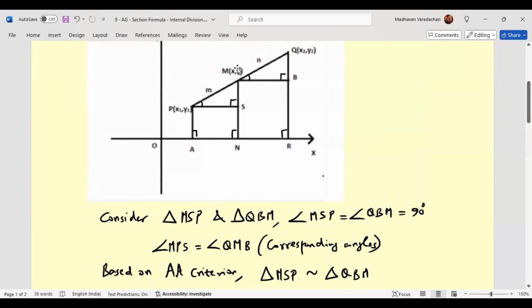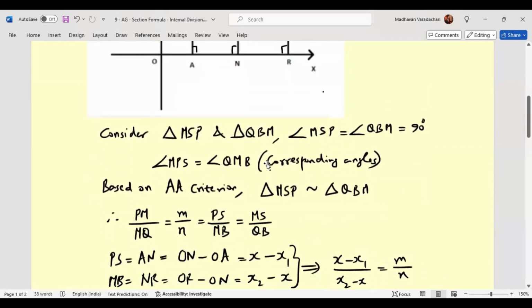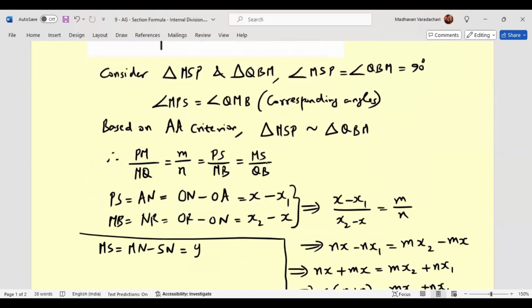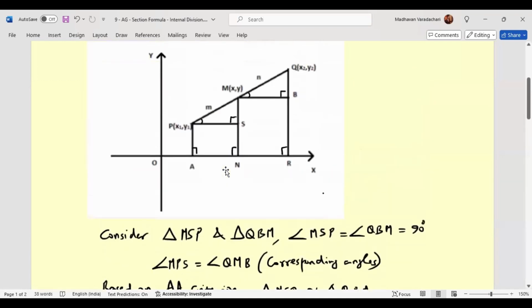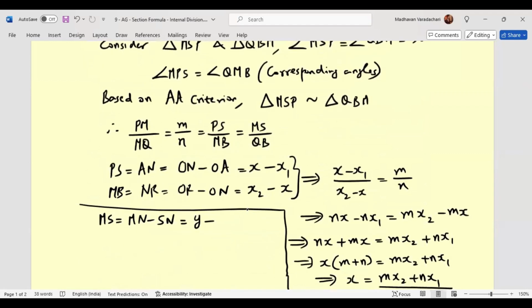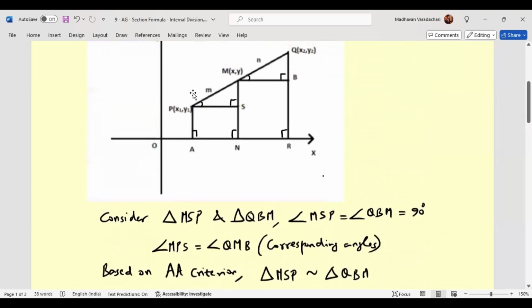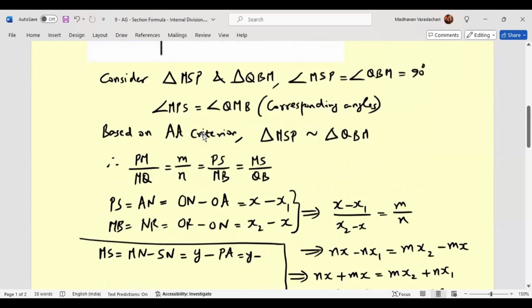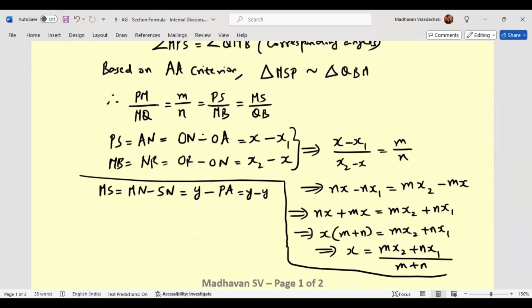This distance is y. What is SN? SN is the same as PA. So what is PA? PA is nothing but y1. So MS is y minus y1.